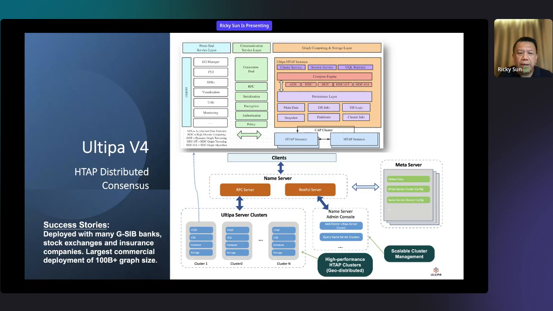Now let's go back and revisit our practice. We think the HTAP distributed consensus setup is still the most cost effective and can also guarantee performance.